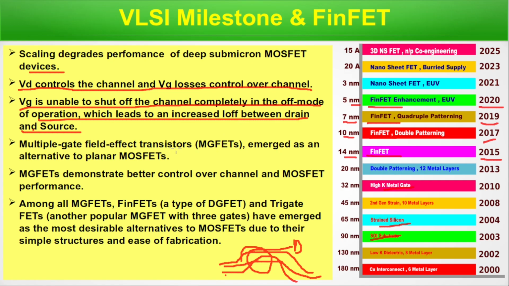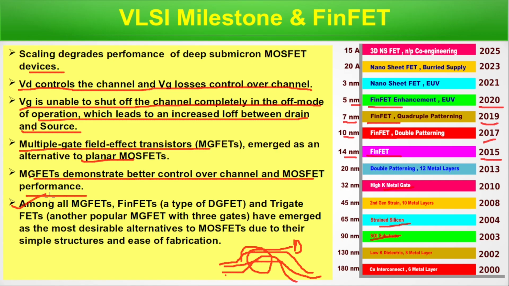Now, multiple gate field effect transistors emerged as an alternative to planar MOSFET. Since one gate is not enough to control that off current and leakage, the idea of a novel structure, the multi-gate field effect transistor, emerged. MGFET demonstrates better control over the channel and MOSFET performance.